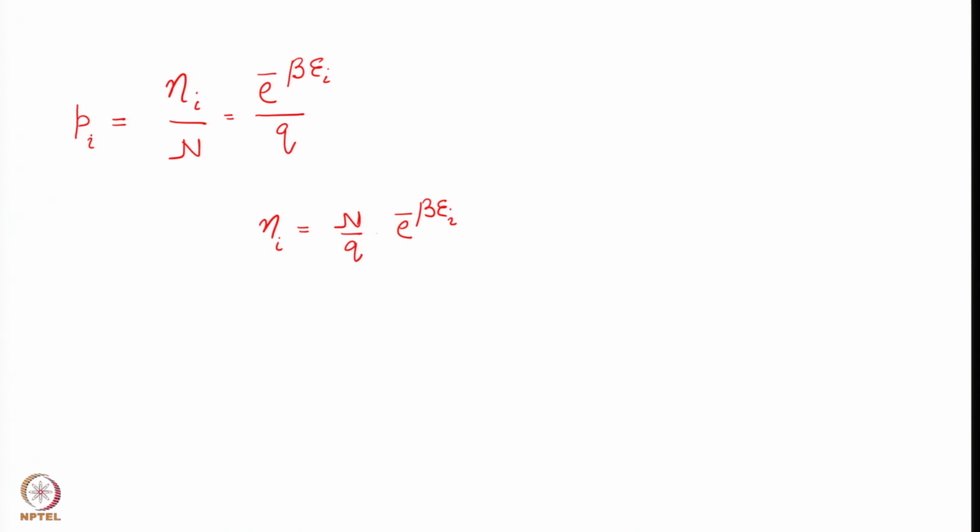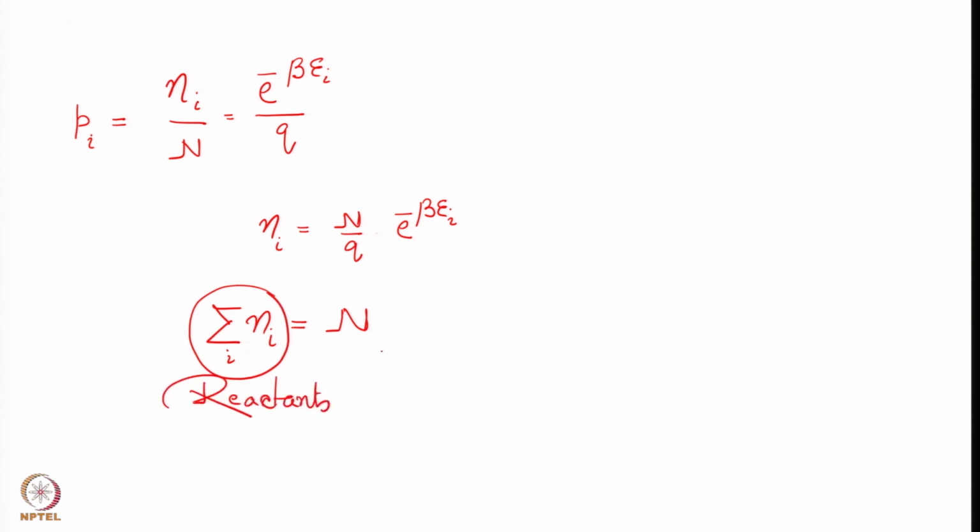Now, how do we get the total number? Total number of molecules will be obtained by summation of this. You can take sum of this Ni, that is summation Ni, this is N, and if I apply this to reactants, only reactants, not to the product, then I will get Nr.